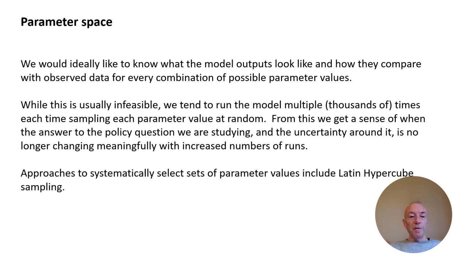While this is usually infeasible, we tend to run the model multiple thousands of times, each time sampling each parameter value at random. From this, we get a sense of when the answer to the question we are studying, the policy question, and the uncertainty around it, is no longer changing meaningfully with increased numbers of runs. Approaches to systematically select sets of parameter values include something called Latin hypercube sampling.